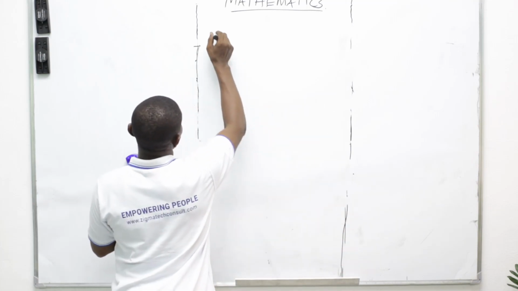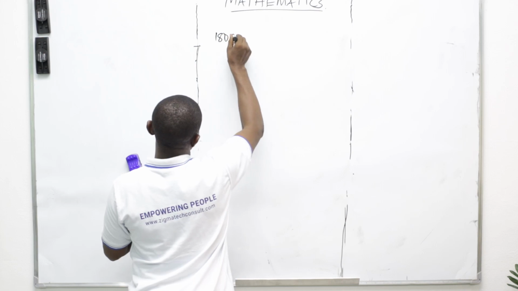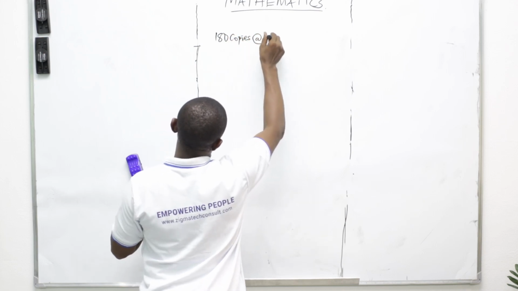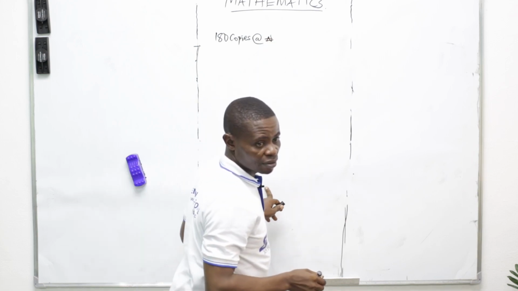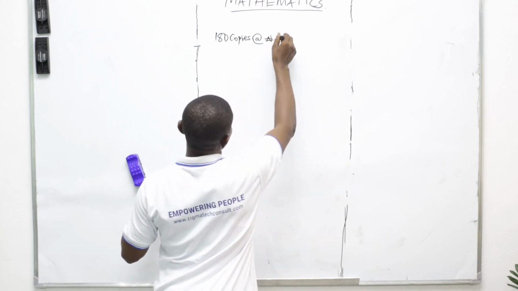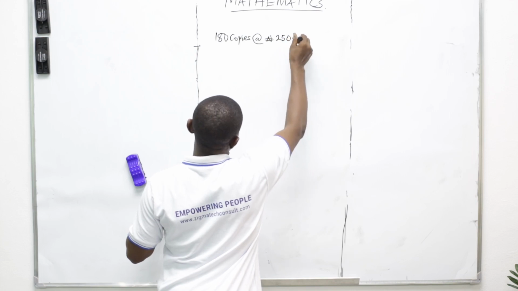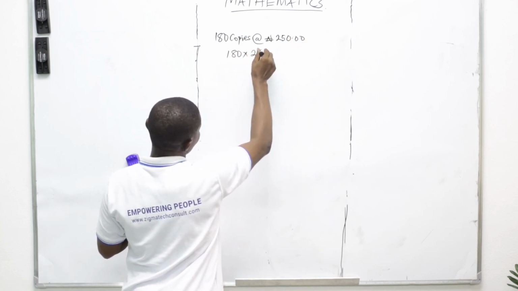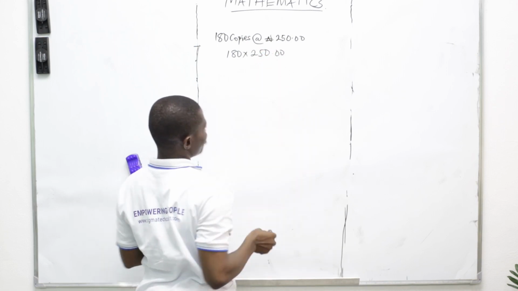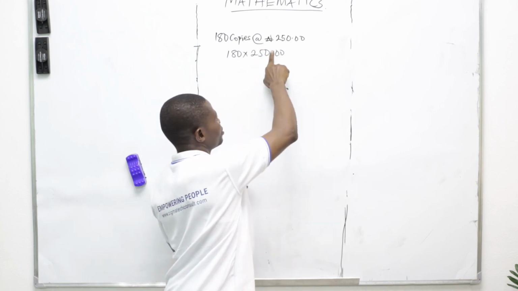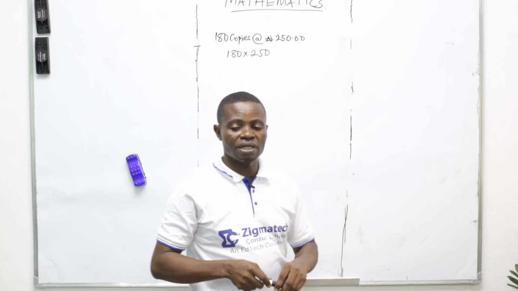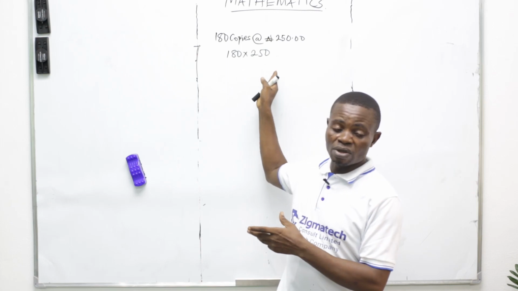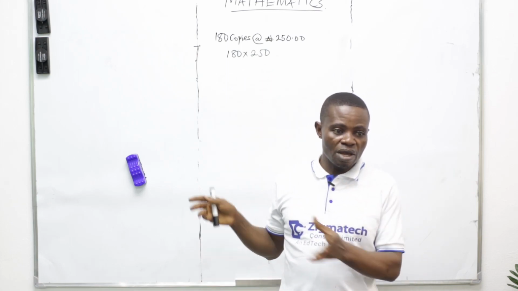That is 180 copies at 250 naira means 180 times 250. Math is very interesting if you can follow the step-by-step method. Here, you have not even done anything, but you are aware that it is multiplication.